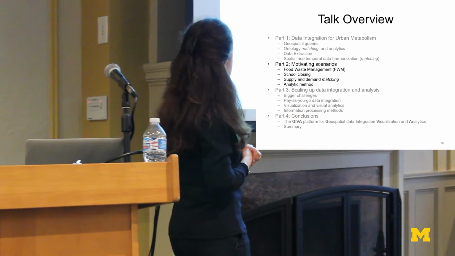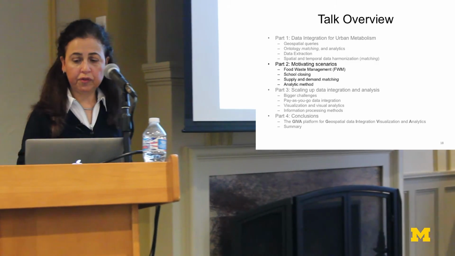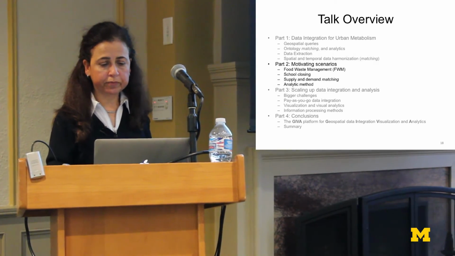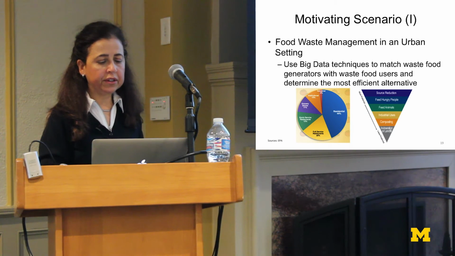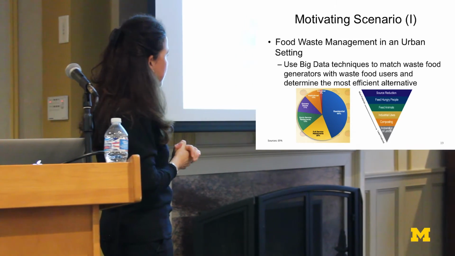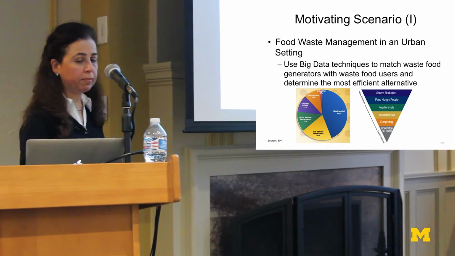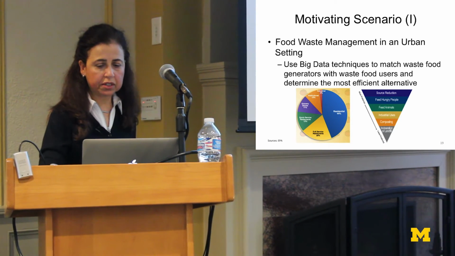So I'm going now to talk about a couple of motivating scenarios, food waste management. This scenario was put together mostly by Ning, and the data part the two of us did together.